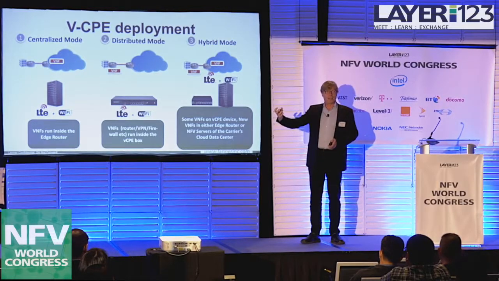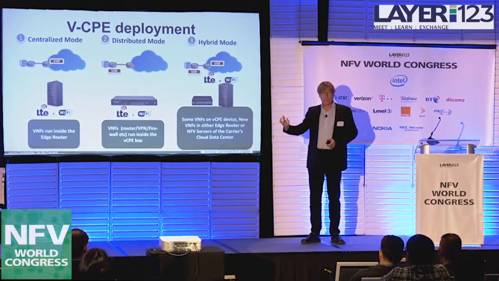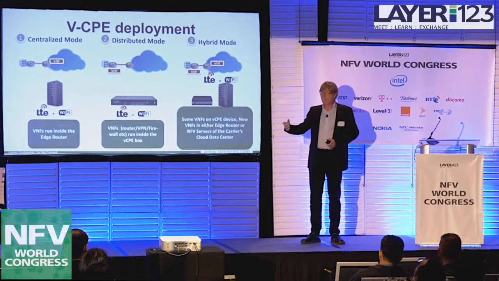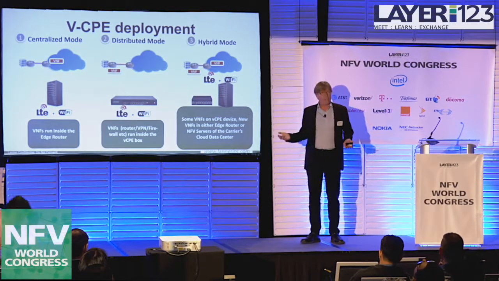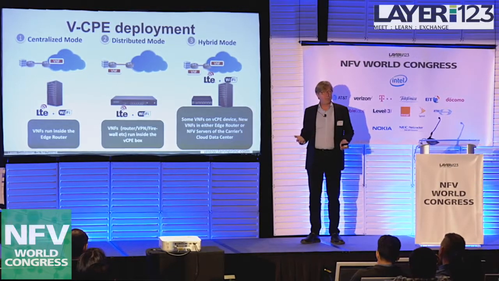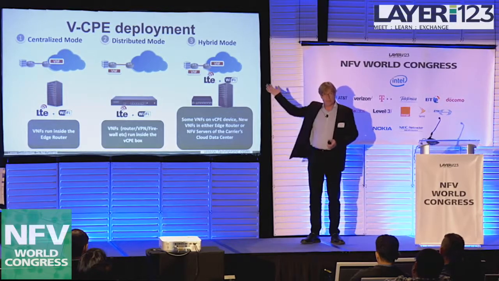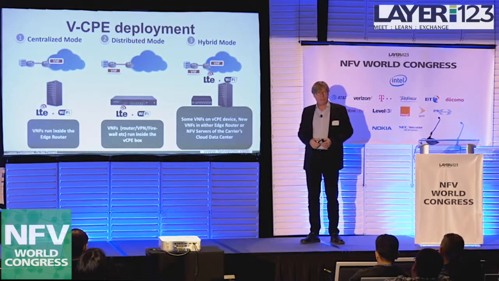That's usually targeted towards a low-end entrance point, single core platform where there's nothing else running on that. Most likely not, right? And then you have the distributed mode where you do service chaining between multiple VNFs and vCPE platforms on that end, right? So I try to represent that in that stage.